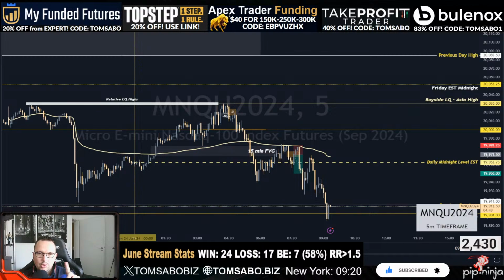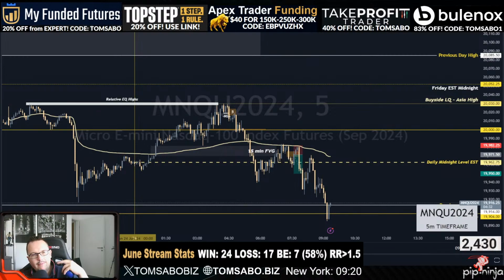So if you trade small size, like micros, I have BULENOX. If you trade small, base hits, not home runs with big risk, just base hits with micros, it's absolutely perfect to go with the 25K.